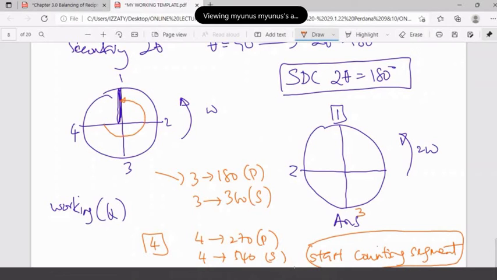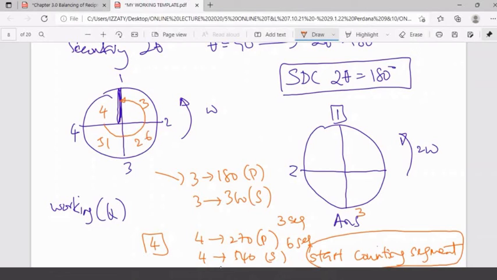How is it? 270 is basically 3 segments. So 540 becomes how many segments? 6 segments. How is it? Look at here. 1, 2, 3. 3 segments. Now it becomes 6 segments. 4 segments, 5 segments, 6 segments. So number 4 would be here.